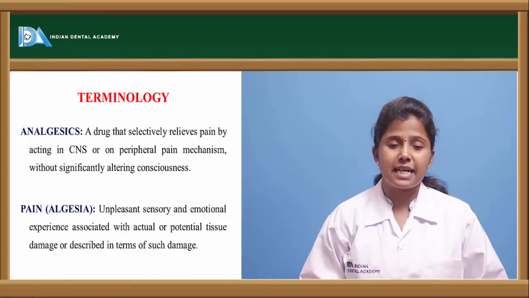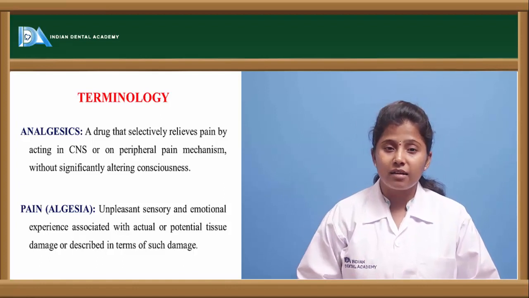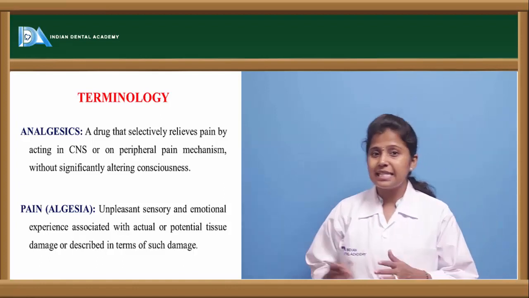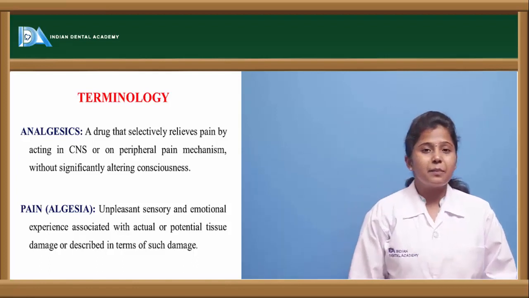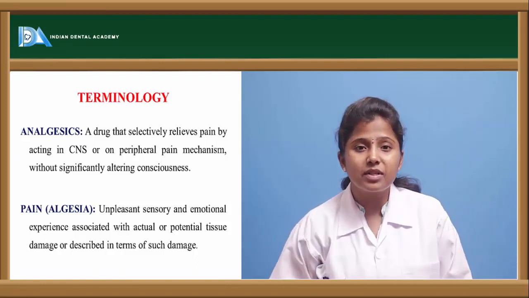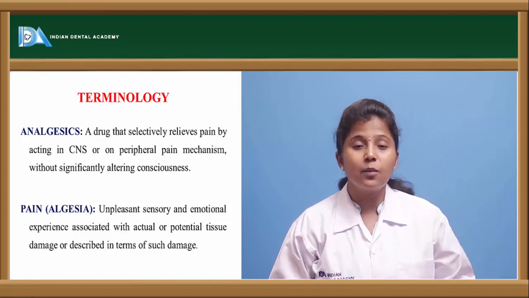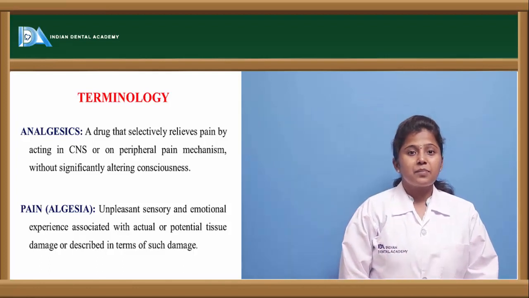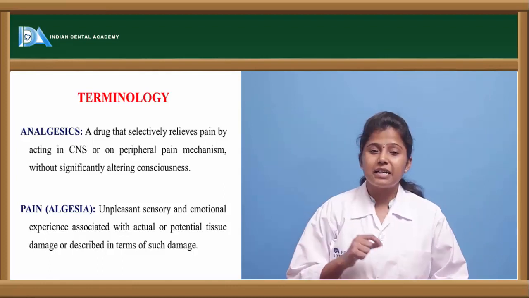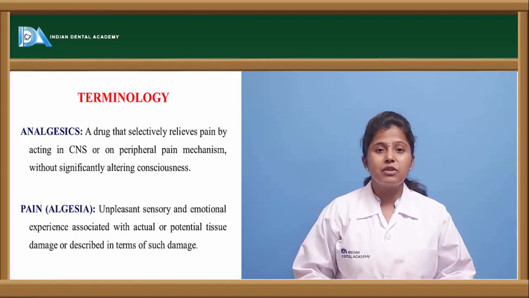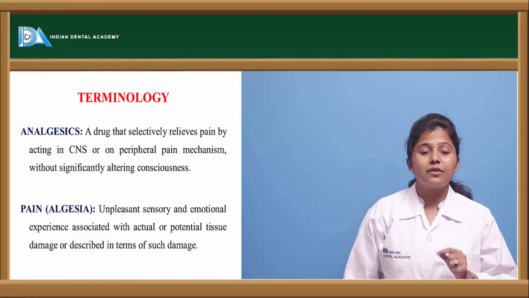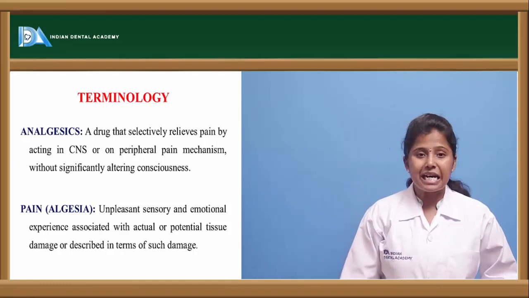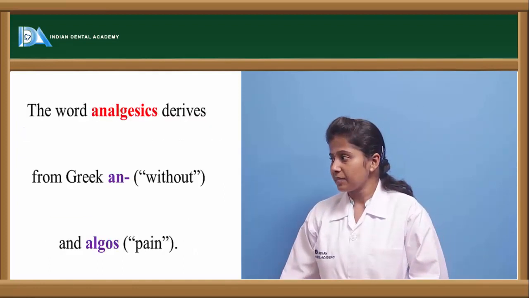And what are these analgesics? Analgesics are the drugs which antagonize the pain. They relieve the pain by acting on the central nervous system as well as the peripheral nervous system, without affecting the conscious state of the person. So these are called analgesics.